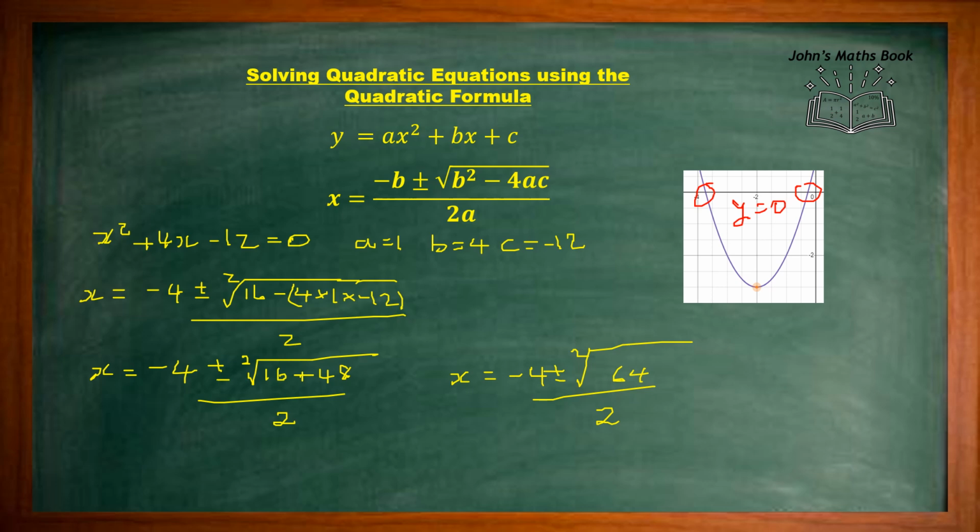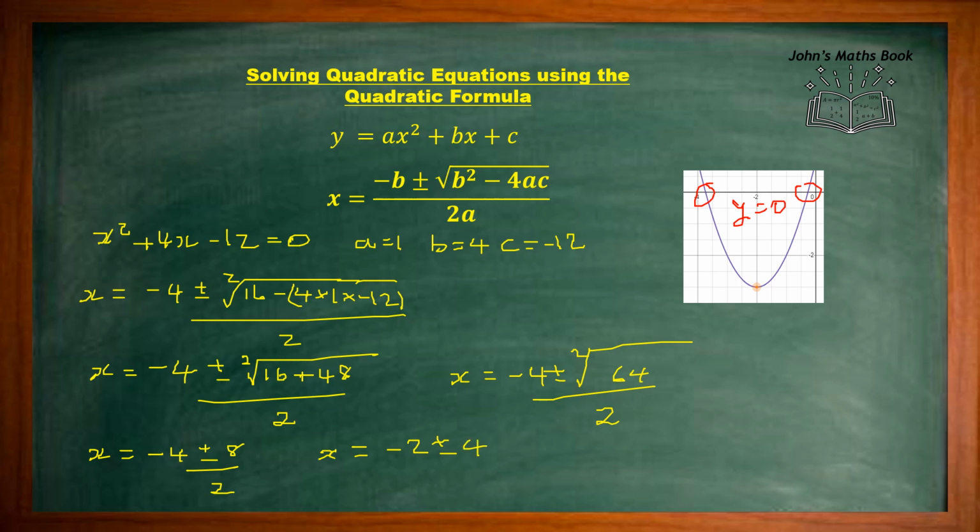So we got x is equal to minus 4, plus or minus, now 64 is a perfect square, so it's 8 squared. So the square root of 64 is 8. So plus or minus 8 divided by 2. So if we divide 2 into the numerator and the denominator here, we can get x is equal to minus 2 plus or minus 4.